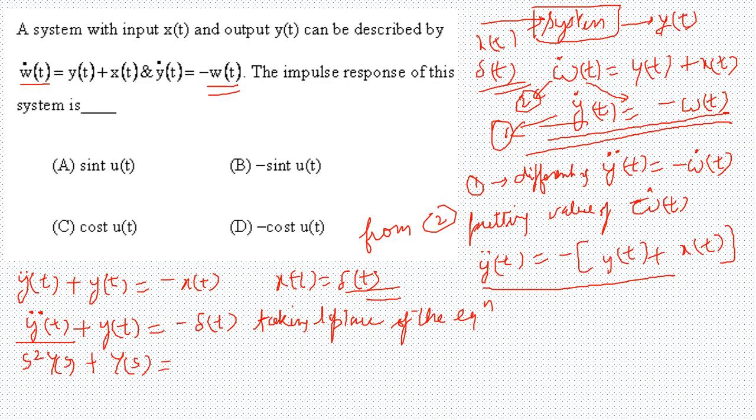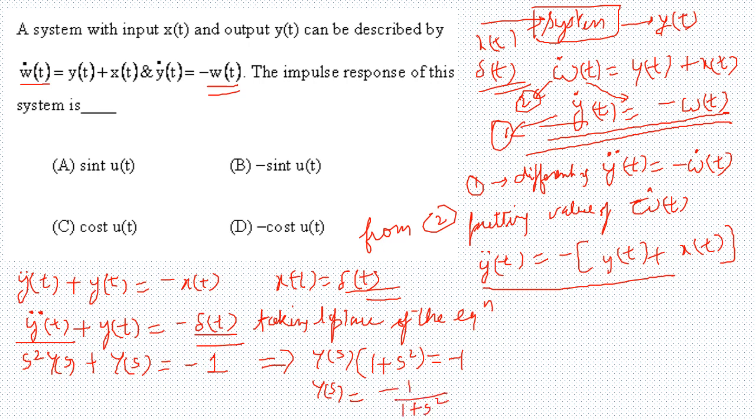And we know that the Laplace of del of t is 1, so here we get minus 1. Now you can see it's an algebraic equation. So you take Y of s common and you get 1 plus s square equals minus 1. From here you get Y of s equal to minus 1 over 1 plus s square.